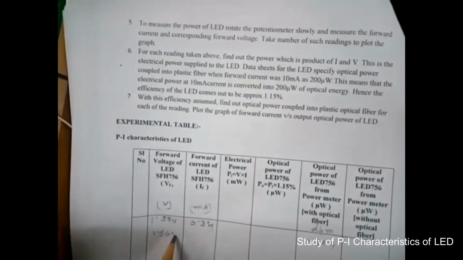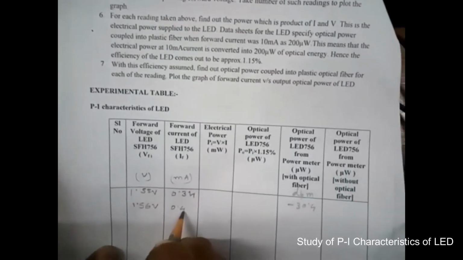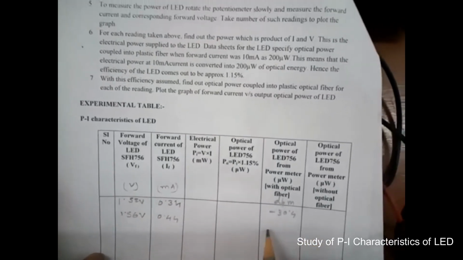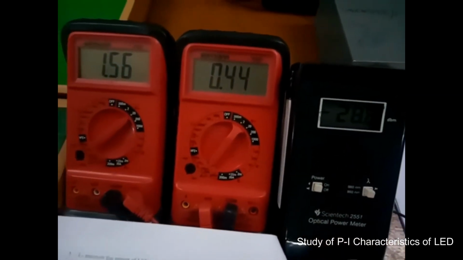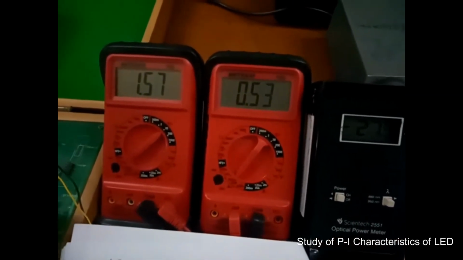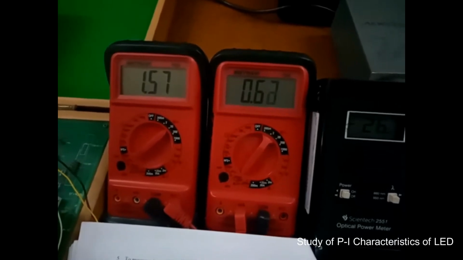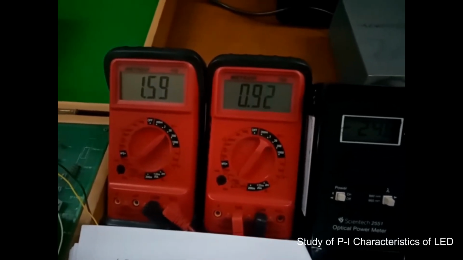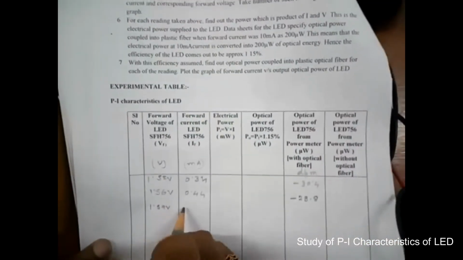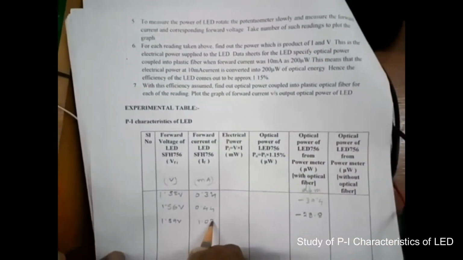This is 1.56 volt, 0.44 milliamps, and this is minus 28.8. Suppose this is 1.59. This is 1.03.